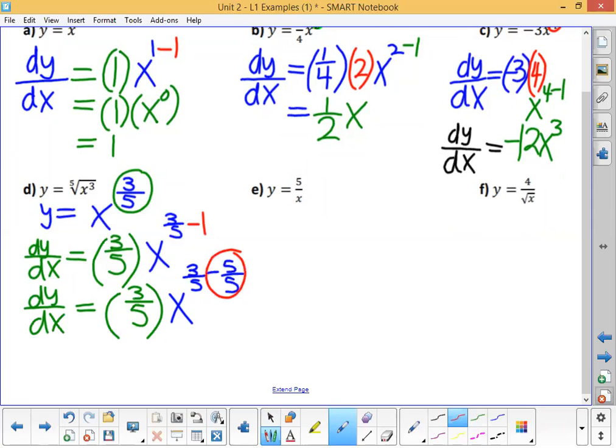Now you'll notice that 5 over 5 is greater than 3 over 5. So right away, I know I'm going to have a fraction that is negative as my power. So dy over dx is going to be equal to 3 over 5 x to the power of negative 2 over 5.